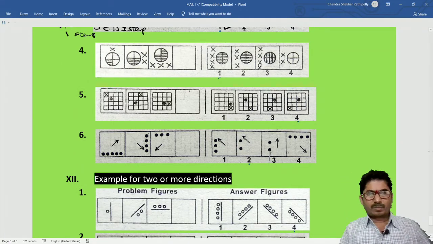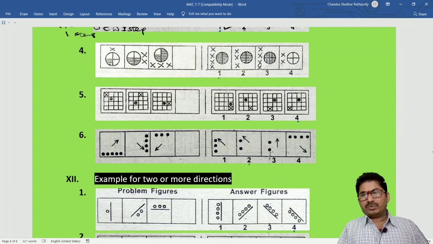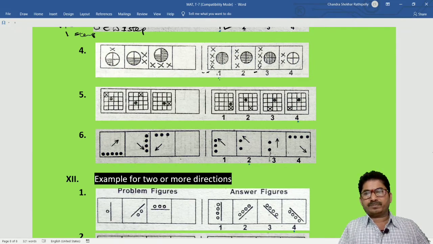Fourth one, cross marks. First we have to observe the cross marks in this: 1, 2, 3, next 4 will come. So 4 means first and third are in competition. Next we have to identify this rotation.